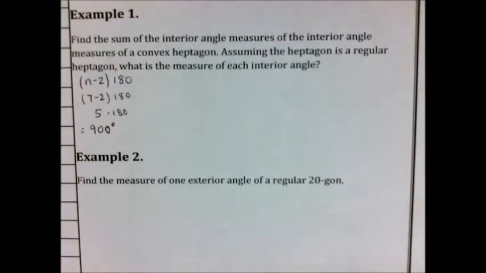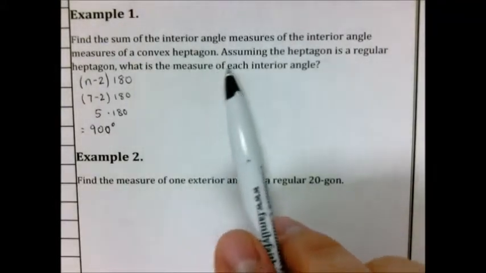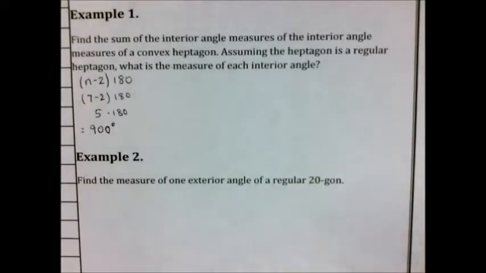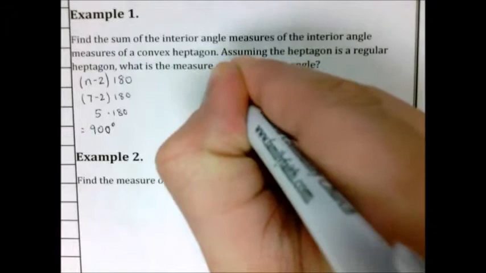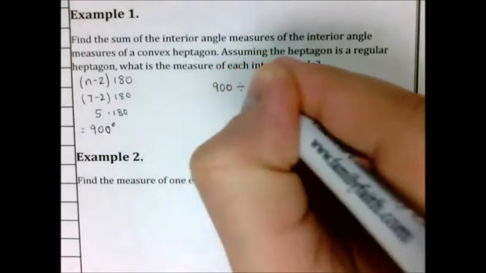Now, the second part of the question says that assuming the heptagon is a regular heptagon, that means every single side is equal and every single angle is equal. We want to know what is the measure of each interior angle. Essentially, what is the measure of one of those angles? We know that there's 7 sides, there's also 7 angles, so we take our 900 and divide that by 7.